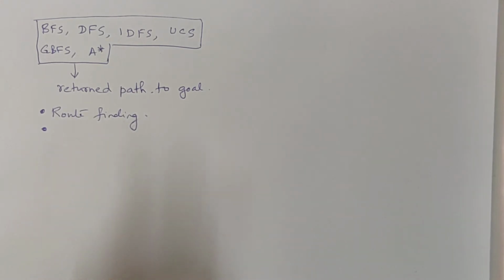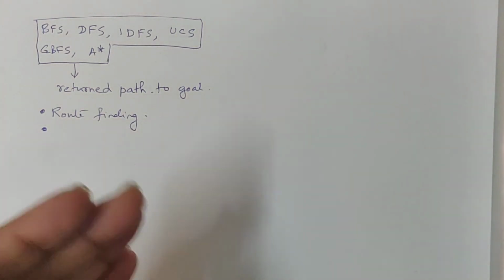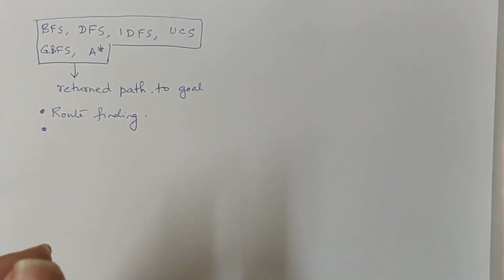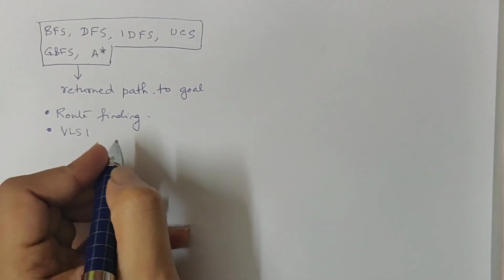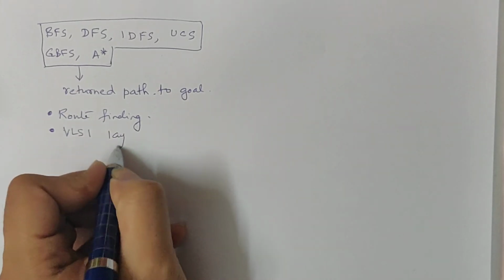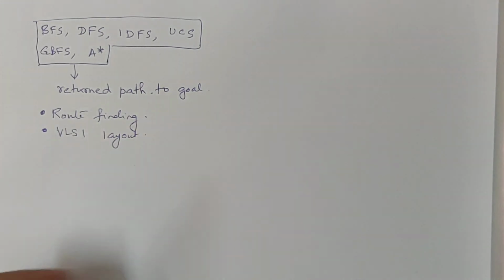So you want minimal length interconnects. Also you want to place the submodules in such a way that the chip area is minimized. If the chip area is minimized, you will have a more and more compact chip. So VLSI layout is also one very huge area where day to day these things are being used.